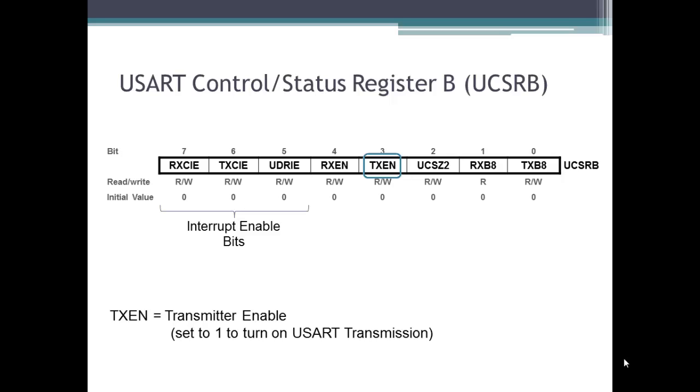Setting this bit to 1 turns on the USART transmitter circuit. This register also contains the RX enable bit, which is bit 4. It contains, in bits 5 through 7, bits to enable interrupt functions, which we'll talk about in another video, which is an efficient way of using peripherals.